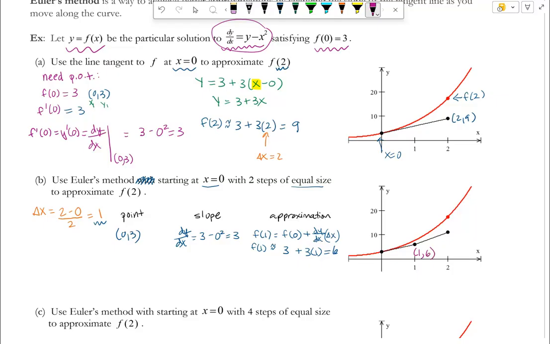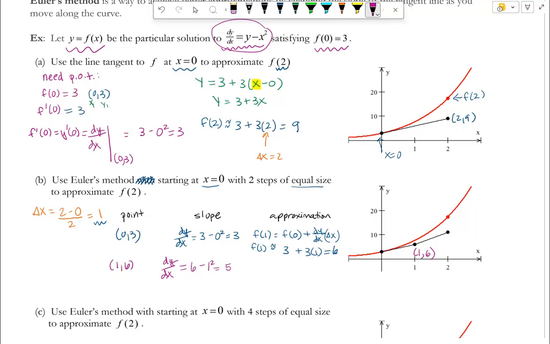All right, so now we're going to start with that point, (1, 6), and I'm going to recalculate my slope here. So dy/dx is y minus x squared. So 6 minus 1 squared is just 6 minus 1, which is 5. So now I have a totally different slope because I'm using a different point. And this point isn't on my curve.